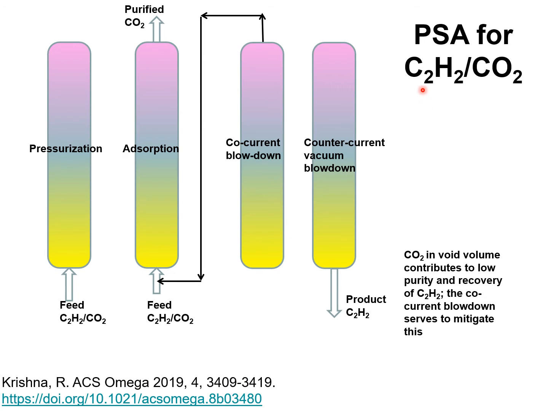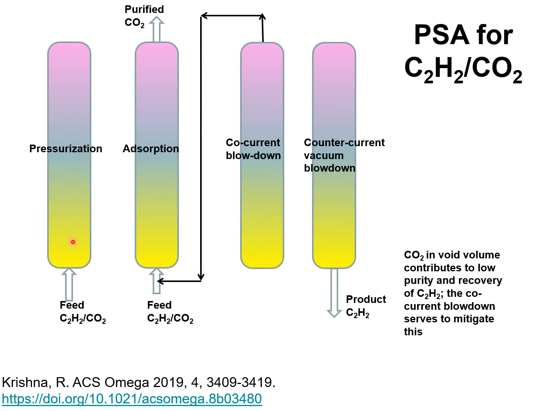The separation of mixtures of ethyne, C2H2, also called acetylene, and carbon dioxide is important industrially for production of pure ethyne. Typically, the purity requirement is 99% plus. A PSA scheme for using an adsorbent that selectively adsorbs C2H2 is shown here.